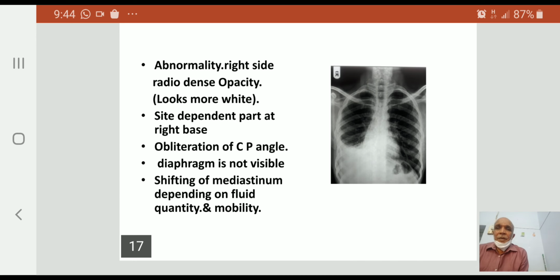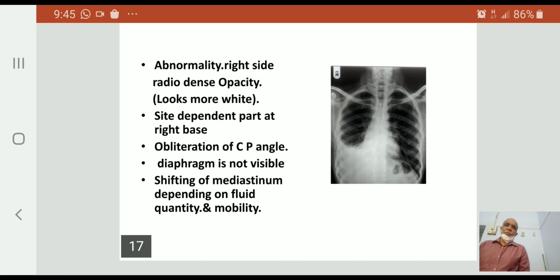Shifting of the mediastinum is not always present in each and every case of effusion. When there is a minimal effusion, the chance of shifting is very low. When there is a moderate or massive effusion, there is shifting of the mediastinum to the opposite side.